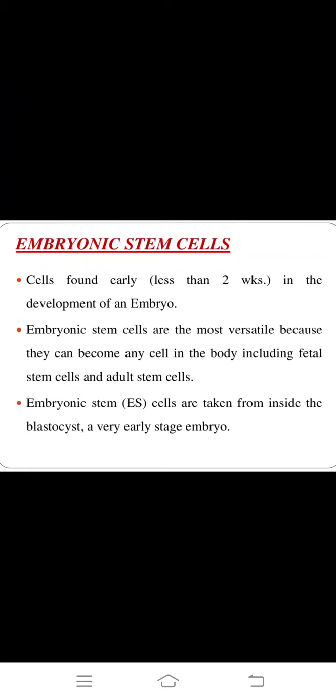Embryonic stem cells are the most versatile because they can become any cell in the body, including fetal stem cells and adult stem cells. Embryonic stem or ES cells are taken from inside the blastocyst, a very early stage embryo.